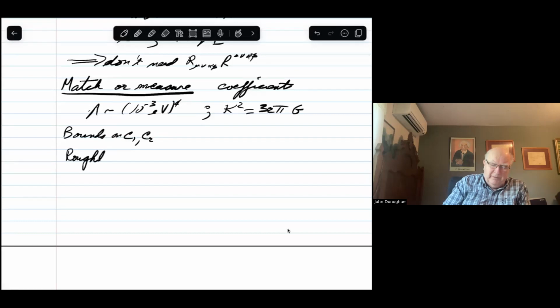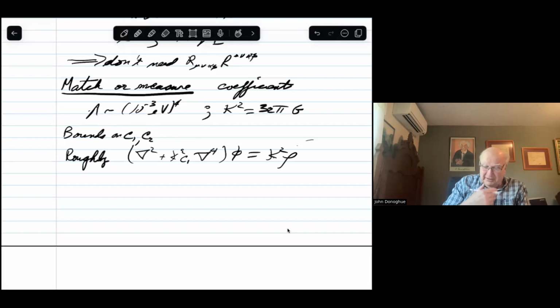You can make this more precise, but roughly, if we're after the gravitational potential, we get del squared plus kappa squared C1 del to the 4th, Phi is kappa squared rho, where this is some mass density. So if you're getting a gravitational potential, you normally just solve del squared Phi is rho. Here you get del to the 4th. So some gravitational potential.